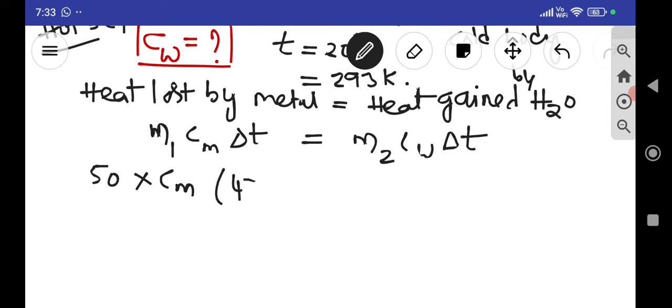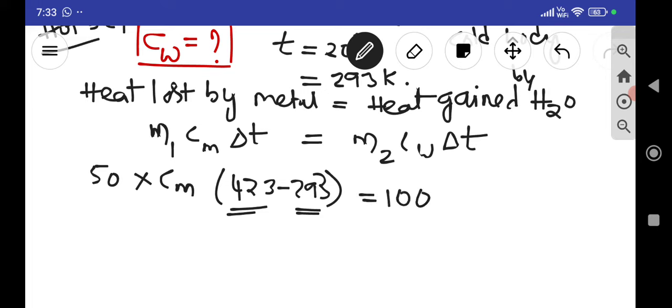Delta T is 423 minus 293. This is the higher temperature and the equilibrium temperature is lower, so you have to subtract this. Is equal to mass is 100 into, they have mentioned for water C is 4.2, and here it is 293 minus 284. So according to the principle of calorimetry.